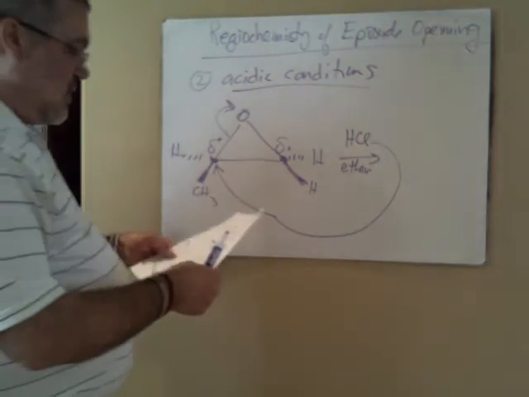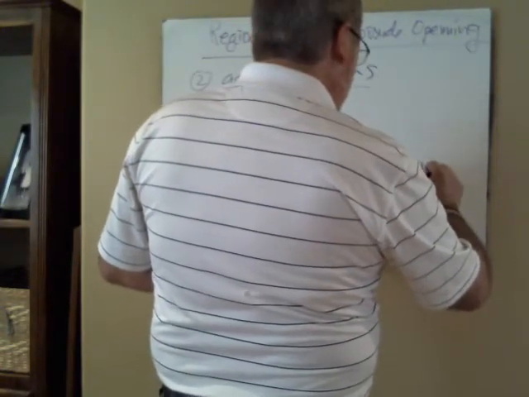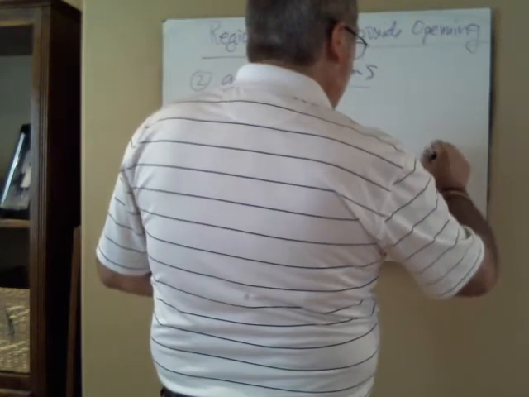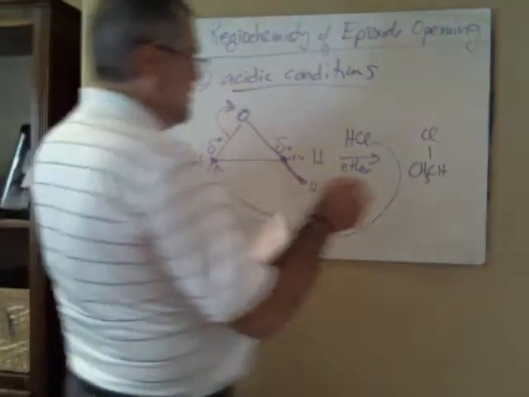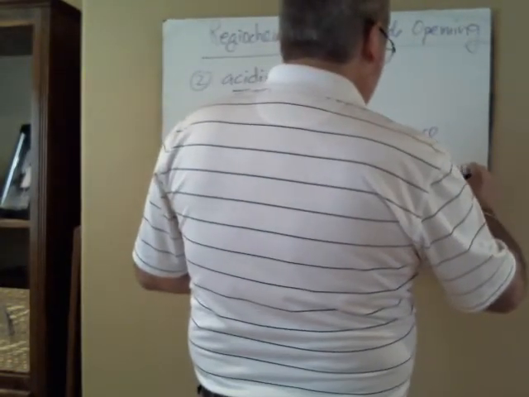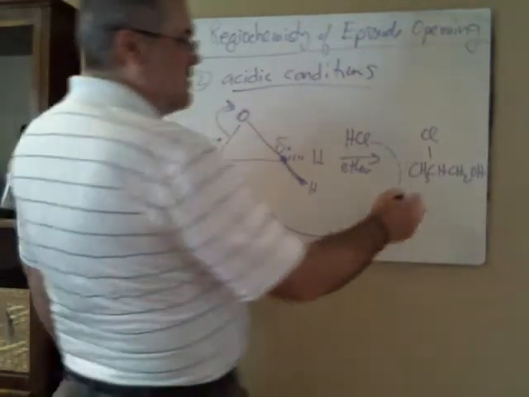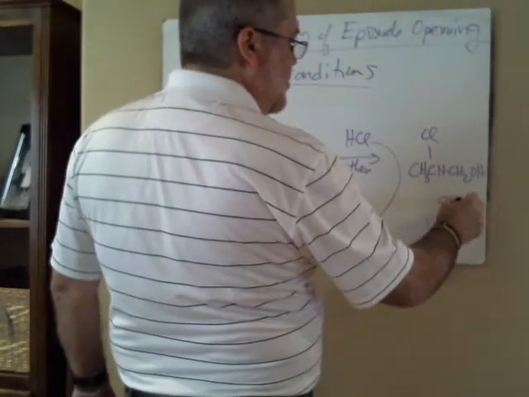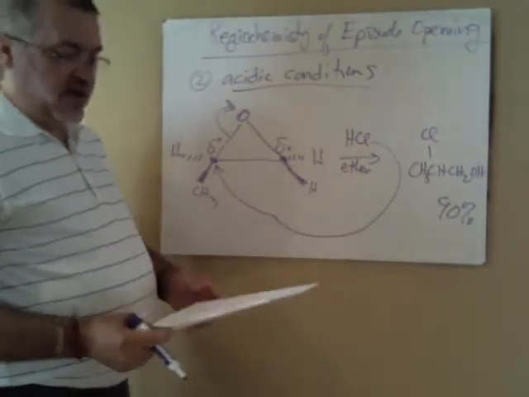And so therefore, when we look at our product, it's going to be what? We're going to look at the fact that the Cl is going to come into this side, right? And so then the OH ends up on that side. And the selectivity here is about 90%. You know, it's not completely regioselective, but it's about 90%.